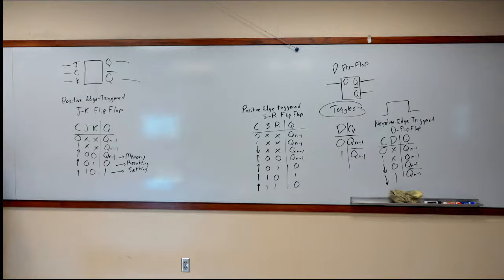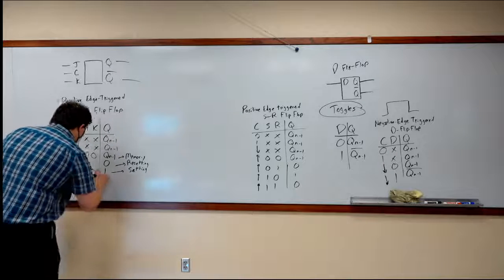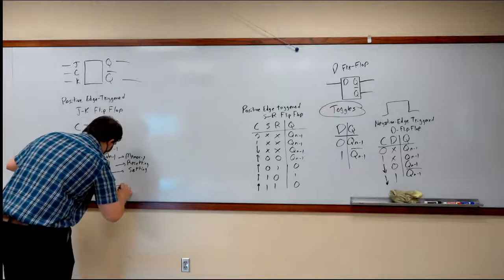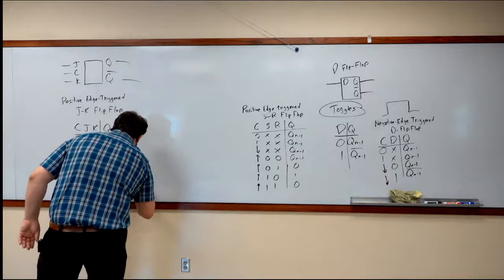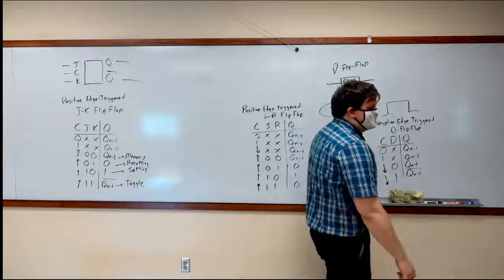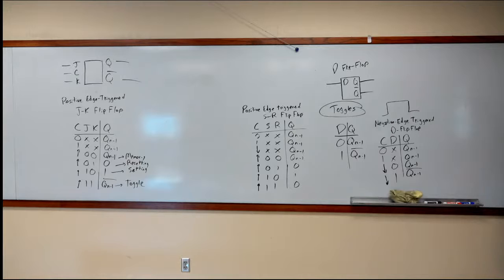The one difference between this and an SR flip-flop is that when you have a positive signal and both of them are equal to 1, this toggles. A JK flip-flop is an SR flip-flop that can toggle. That's it. Or you could say that a JK flip-flop is a D flip-flop that has set and reset states. That also works.